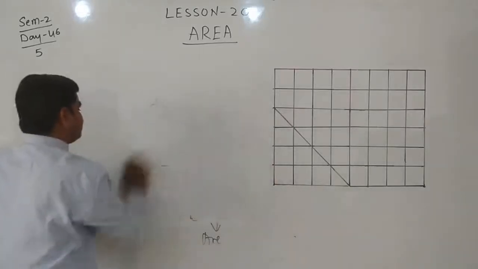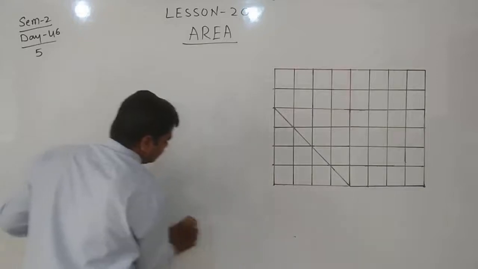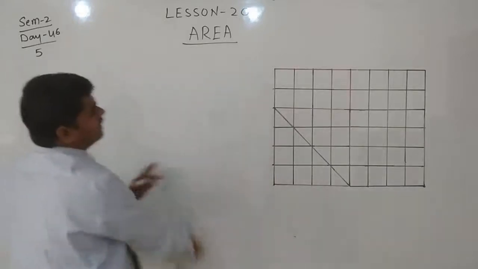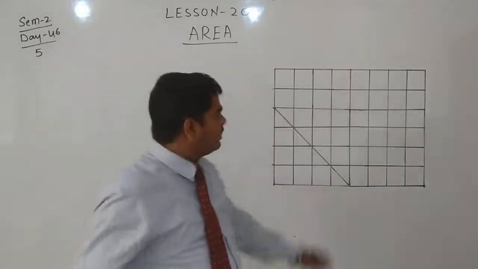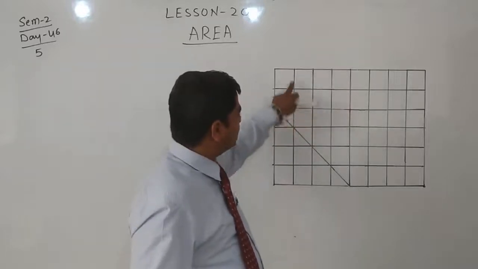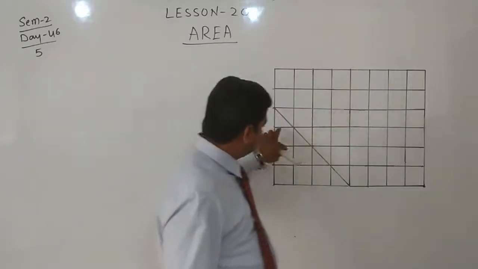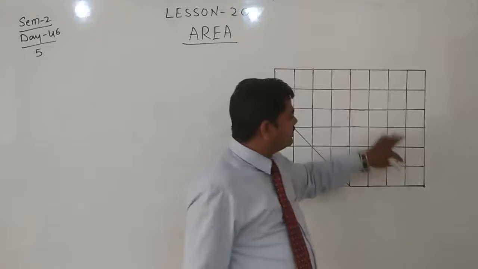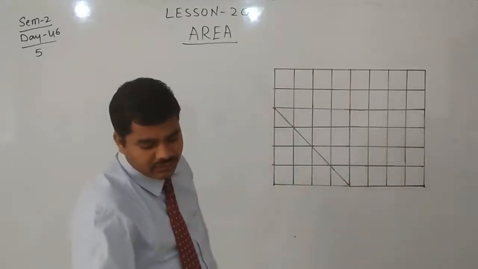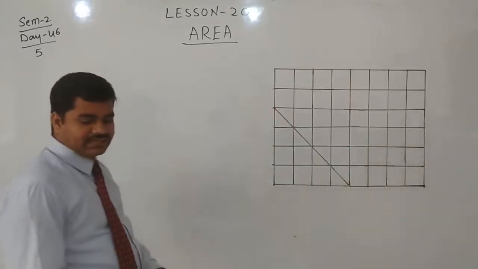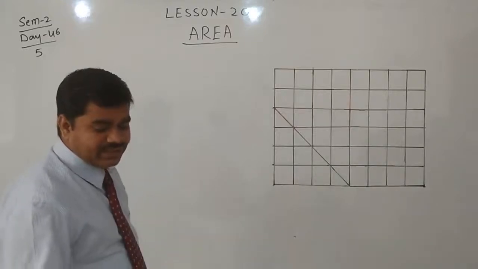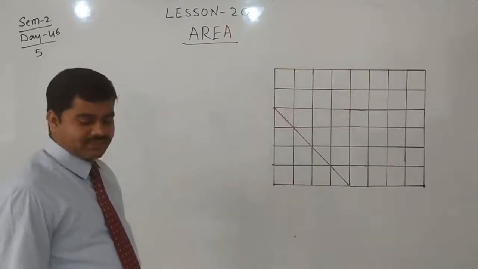Write the definition of area, and after that we will find the areas of the figures drawn on the board: this rectangle, this triangle, and this square. This area will be measured in meter square and centimeter square.